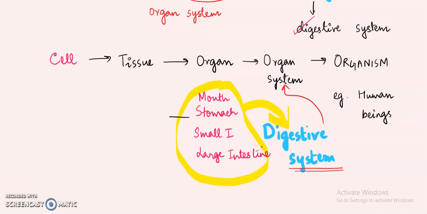Now these organs will be made up of a specific tissue which will be peculiar, unique in its identity, right? This tissue will be known as digestive tissue. So digestive tissue will be present in organs like mouth, stomach, small intestine and large intestine. And this digestive tissue will be made up of special types of cells known as digestive cells.